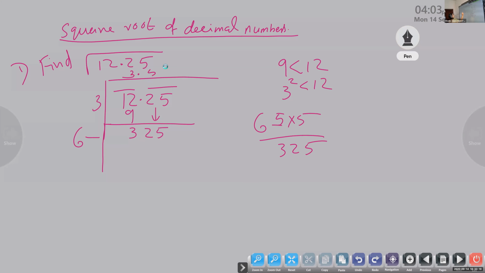So here 3.5, remainder 0. Root of 12.25 equals 3.5.